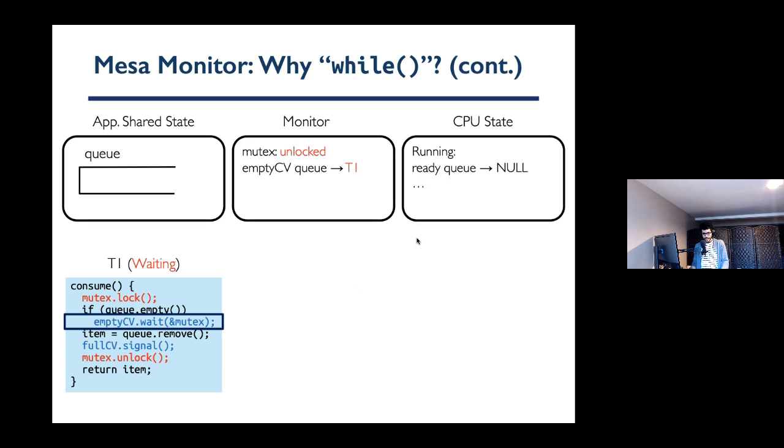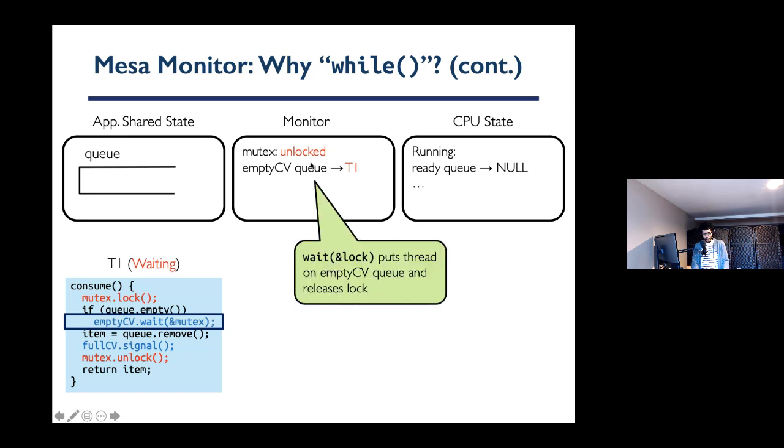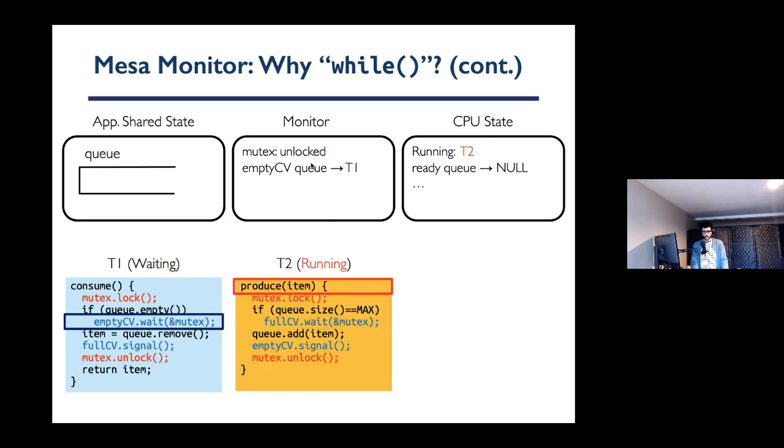At this point, we unlock the mutex and we put T1 in the queue of the empty CV. T1 is no longer running. So nobody's running. T1 has become waiting. T1 is in this queue, the empty CV, waiting. And inside the wait, we unlock the mutex.